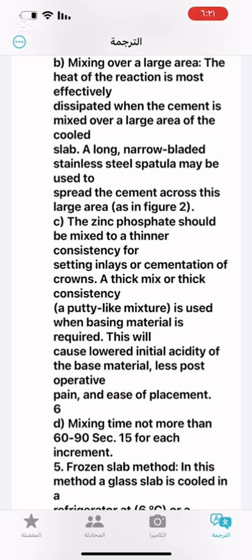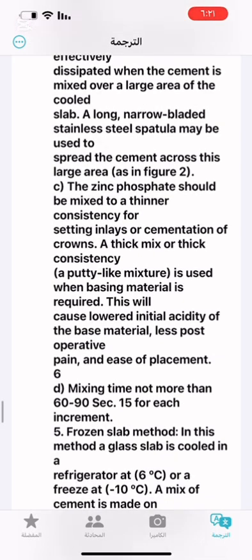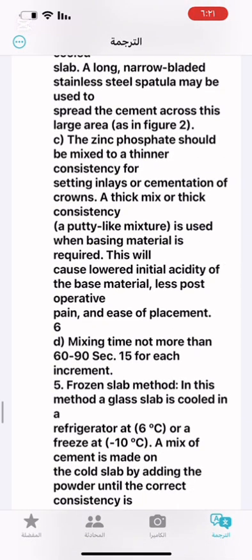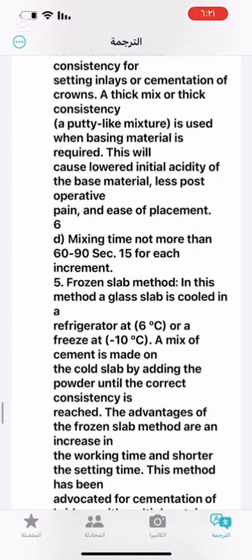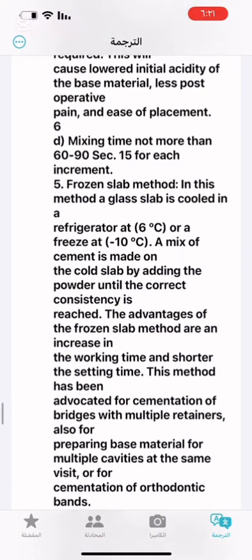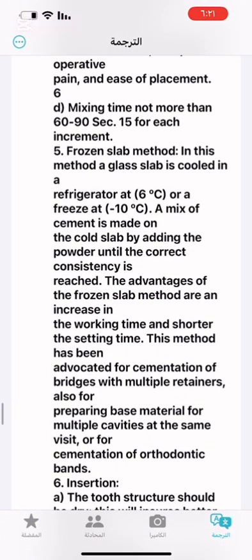This will cause lowered initial acidity of the base material, less post-operative pain, and ease of placement. 6. D. Mixing time not more than 60 to 90 seconds.